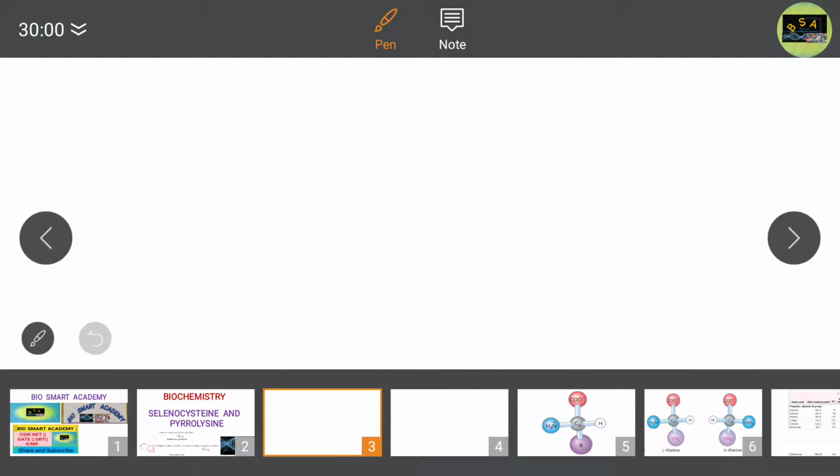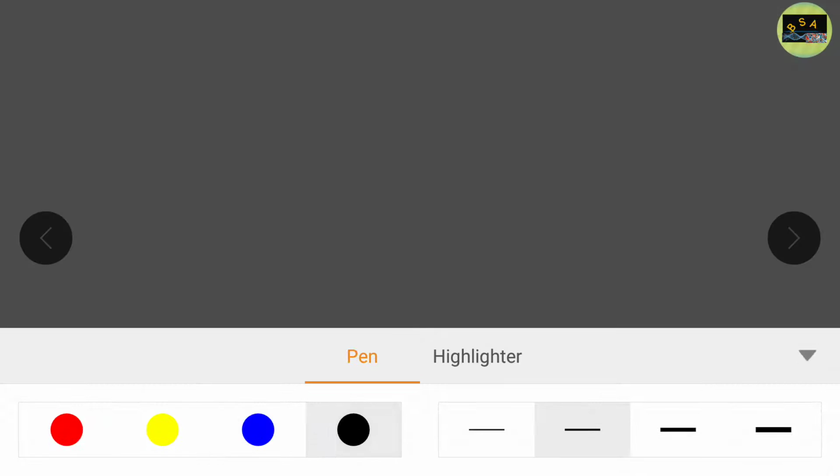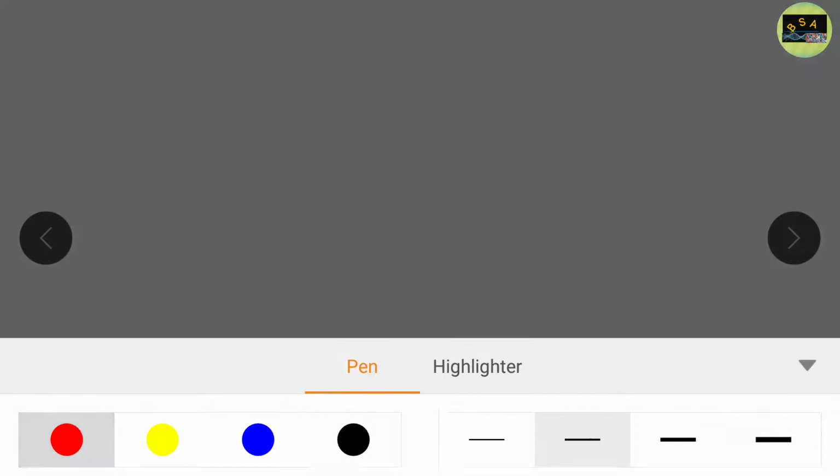Now let's look at another amino acid, that is pyrrolysine. Pyrrolysine is coded by the three-letter code Pyl and the single-letter code O, clear?